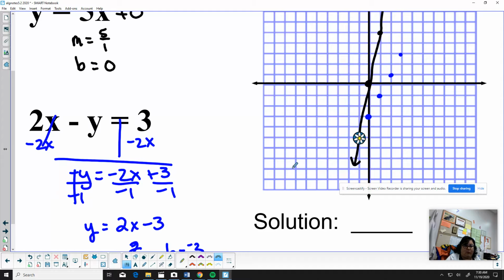They intersected at that point. So the solution then is -1, -5. And I could draw my line in as well. I don't need to just leave it dots.